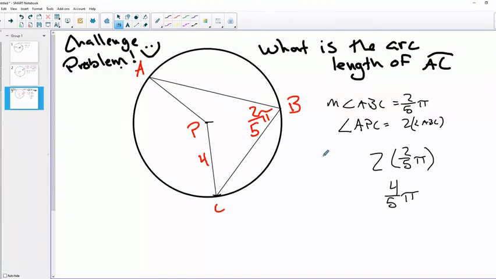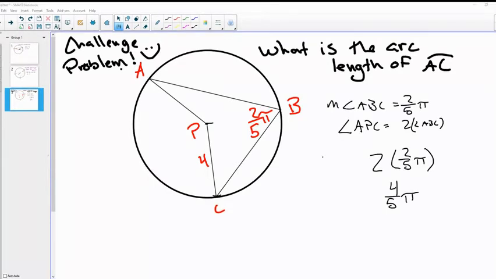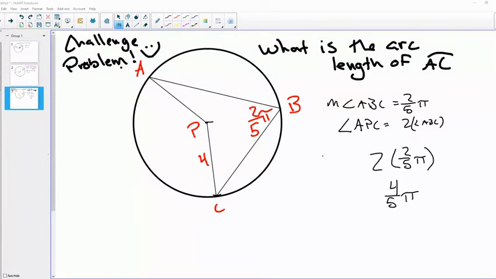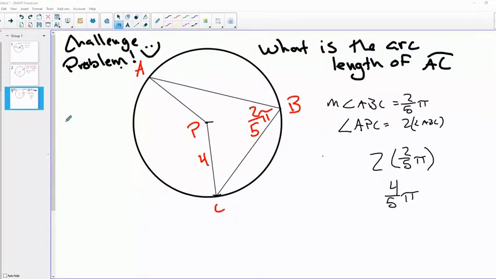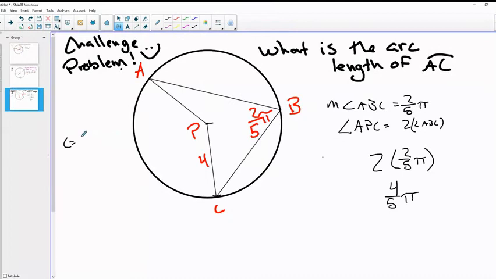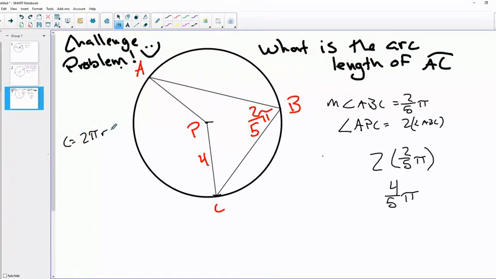So what we have to do is figure out what our radius is, so that we will be able to find our arc length. First thing we need to do is figure out our circumference. As we've done a million times before, circumference is equal to 2 pi r.